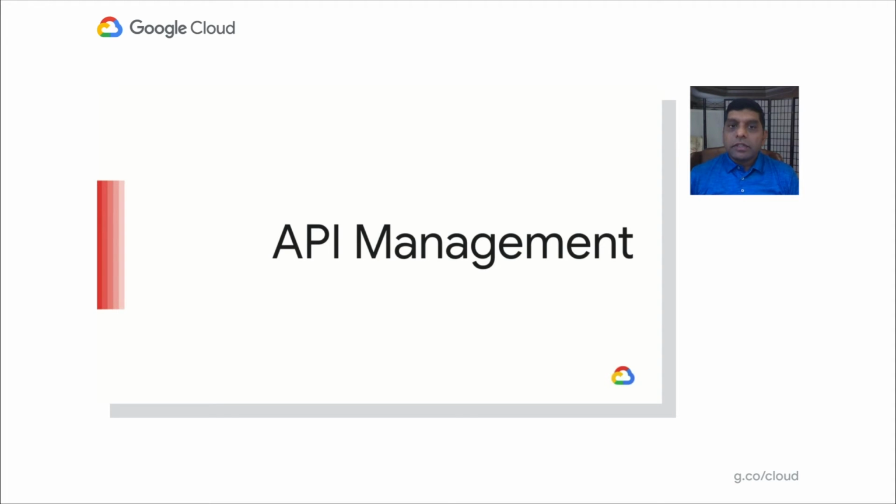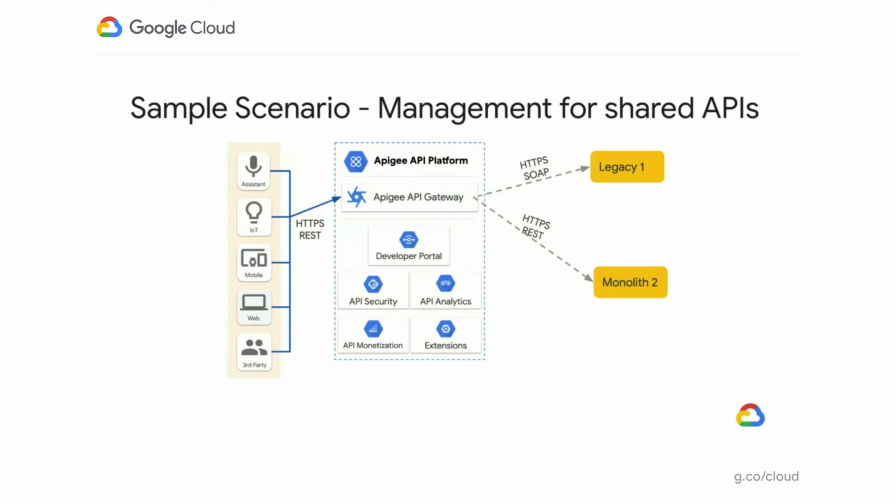Let us talk through how an API management layer will help you. You have the services and you want to enable them both for internal consumption and external consumption. Let's talk through an example. Let's take this example where you have a legacy app and a monolith app, and you have your consumption layer, all these modern apps, and the legacy apps.